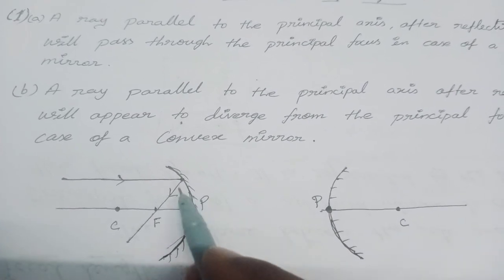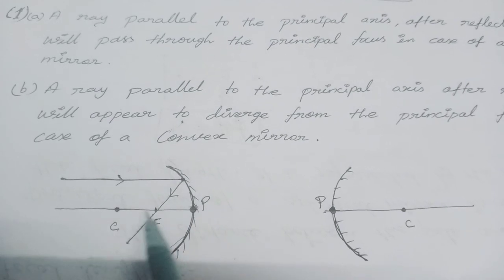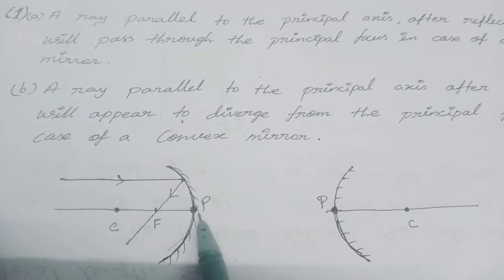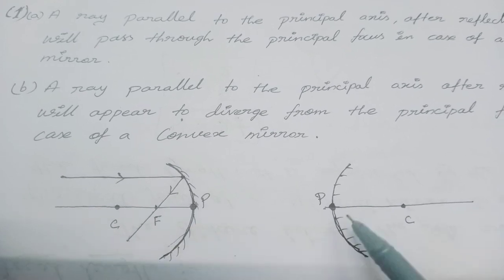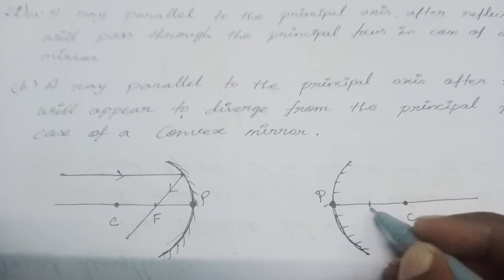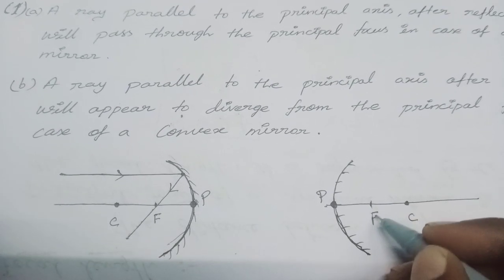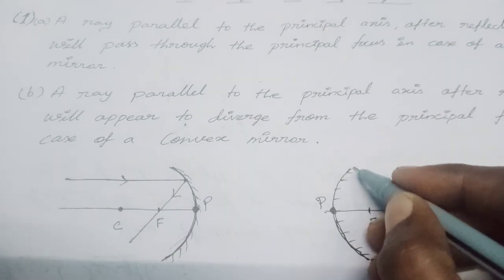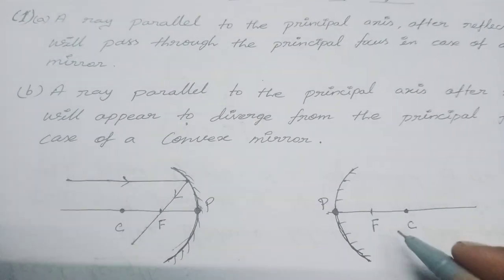We know that for a concave mirror, the center of curvature and principal focus are on the left hand side. And for a convex mirror, the center of curvature and the principal focus all lie on the right hand side, that is at the back side of the mirror. We have already discussed this in the last video.